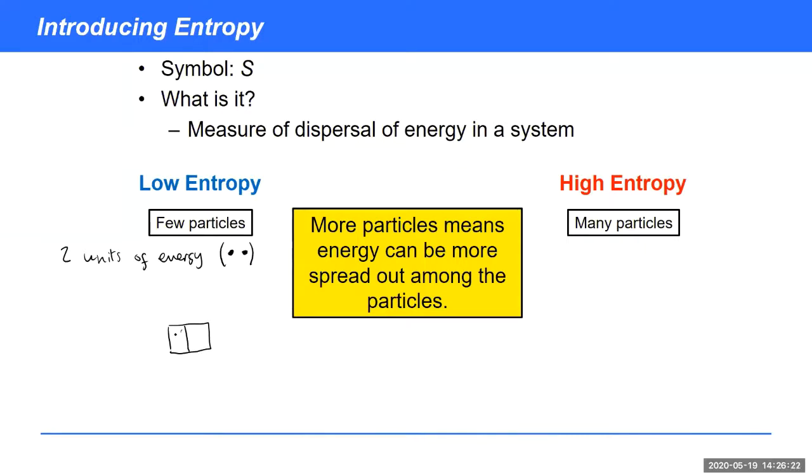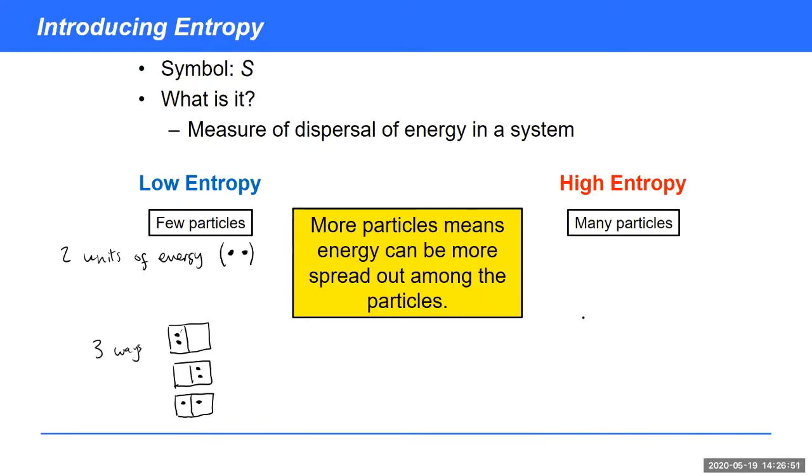Well, I can either give one particle both units of energy, or I can give the second particle both units of energy and the first one nothing. Or the third option is I can give them one each. So there's basically only 3 ways to spread the energy around.